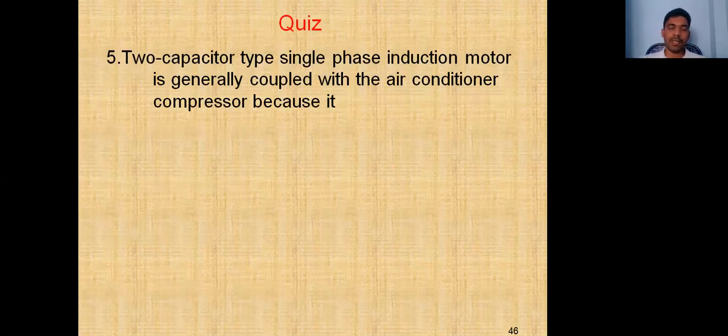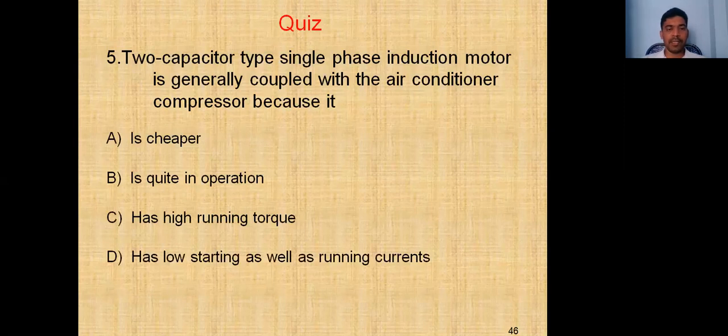Two capacitor type single phase induction motor is generally coupled with the air conditioner compressors because option A it is cheaper, option B is quiet in operation, option C has high running torque, option D has low starting as well as running currents.